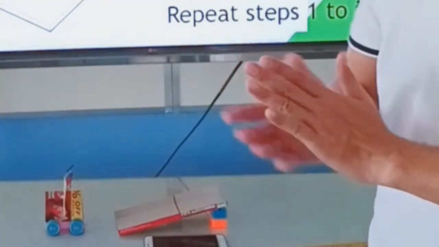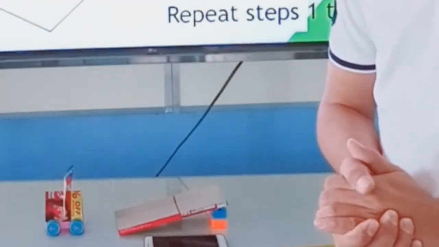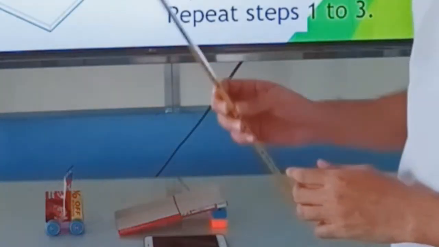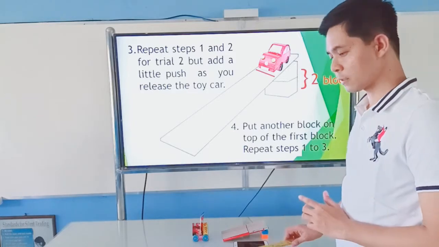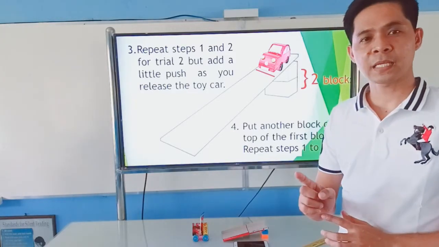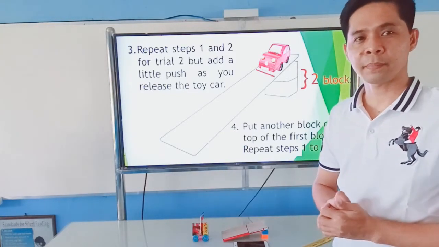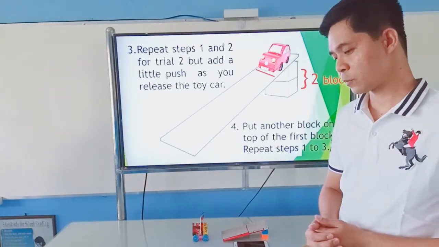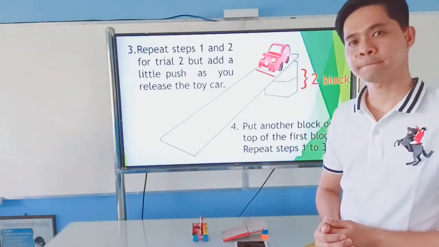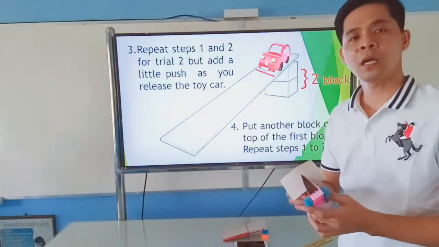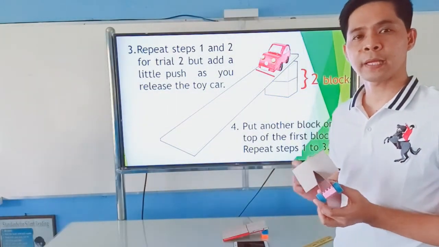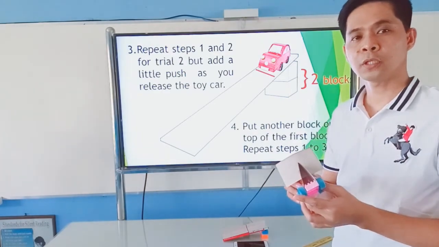Okay, but of course, we need to record the time and afterwards measure the distance it traveled. So that is now for the first trial on the second setup. This time we have to perform the second trial, and that is to add an additional push or extra push to the toy car.